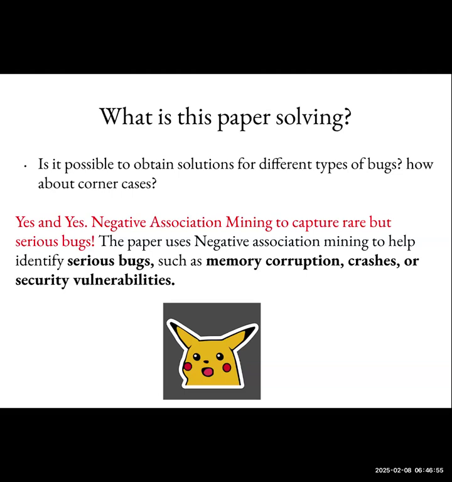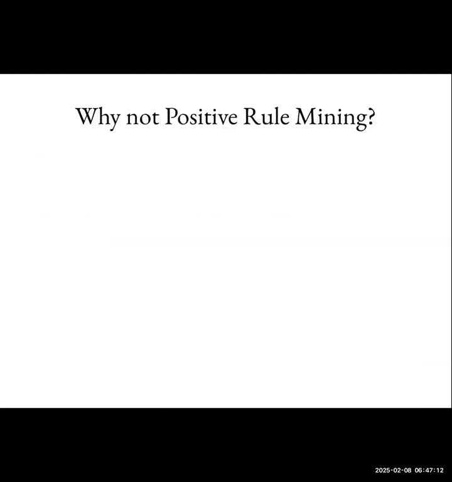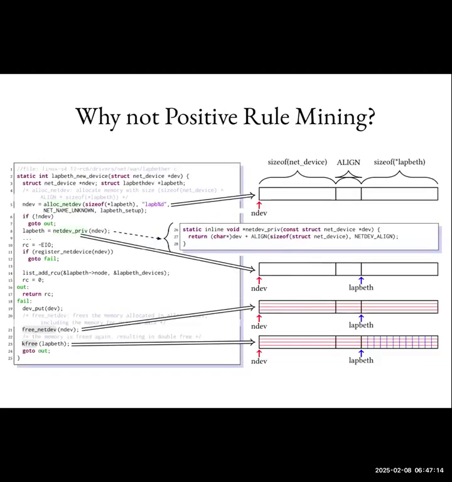Second, it also covers corner cases because negative association mining is especially good at capturing rare but serious bugs. The paper uses negative association mining to help identify serious bugs such as memory corruption, crashes, or security vulnerabilities. So why not positive rule mining?